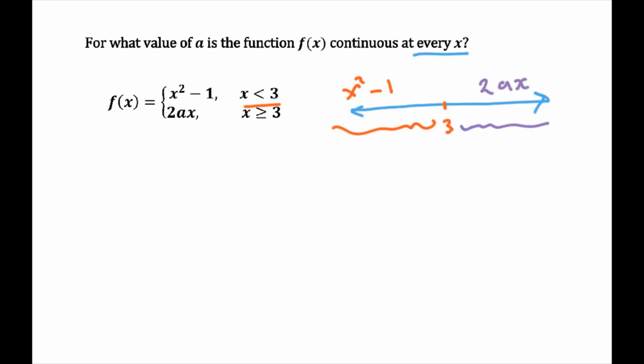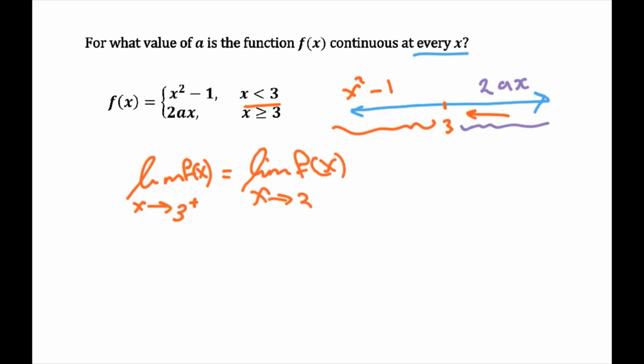Now, a function continuous means the limit as x approaches 3 from the right will be equal to the limit of f(x) as x approaches 3 from the left side, and that's going to be equal to f(3). Okay, so the limit exists and equals f(3).